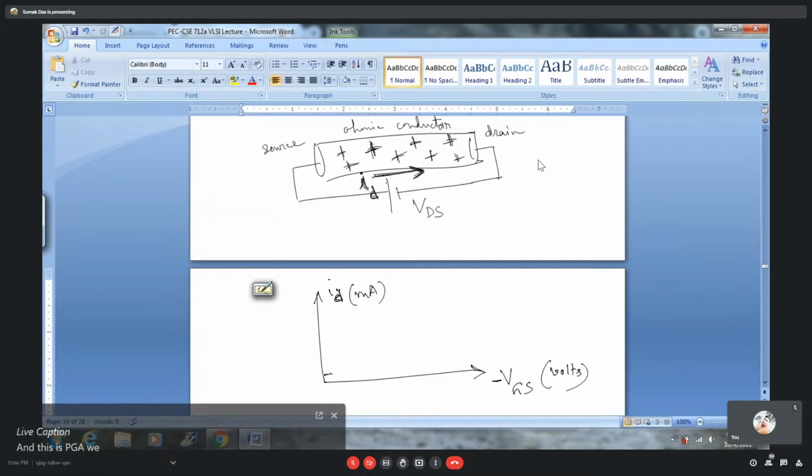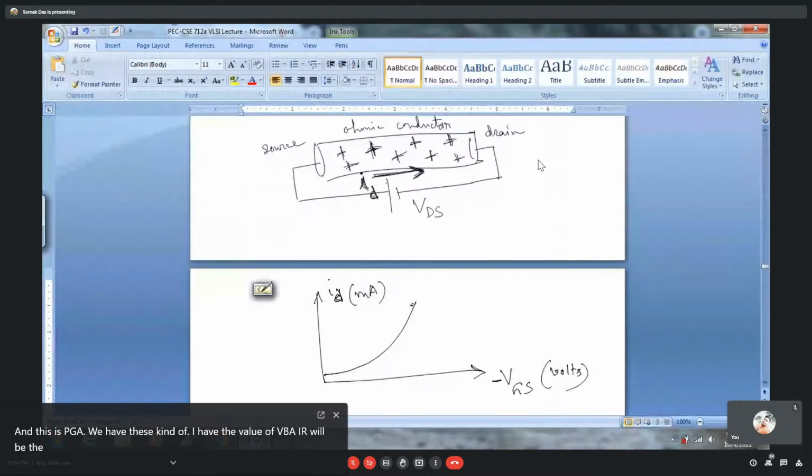We have this kind of a curve. So higher the value of VGS, higher will be the value of drain current.